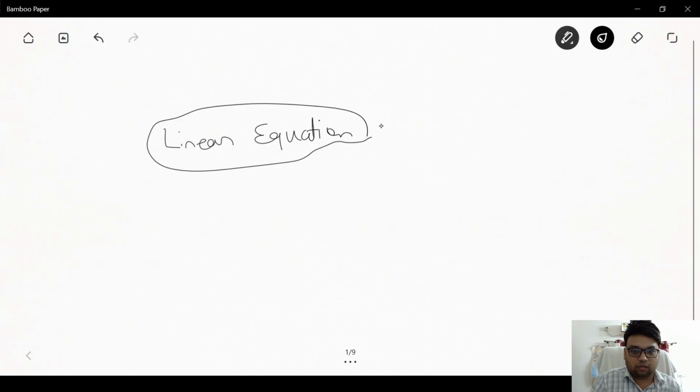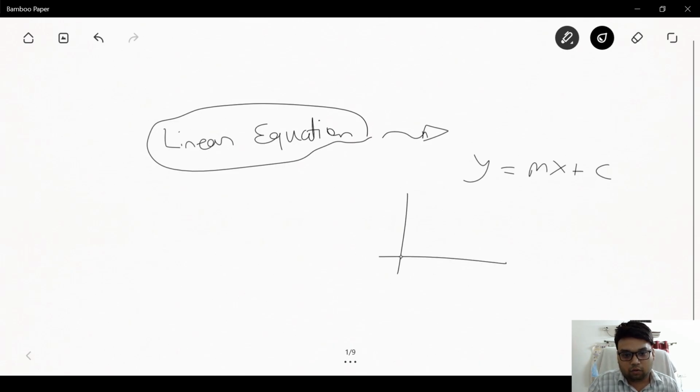There are many types of equation, like the linear equation, parabolic equation, cubic equation. The linear equation shows a linear line, y is equal to mx plus c. This shows a linear equation.